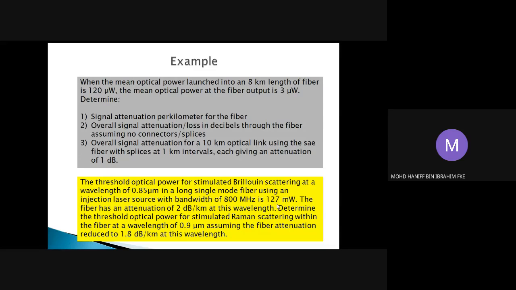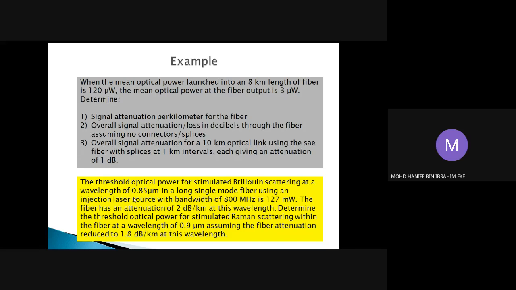So this is the threshold optical power for the SBS. The fiber is said to have attenuation of 2 dB per kilometer at this wavelength of 0.85 micrometer. That should be the attenuation alpha, which is the attenuation coefficient.